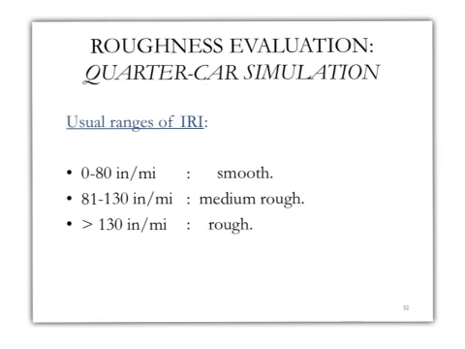These are general guidelines to give you an idea of how smooth or rough the road is. If the measured IRI is somewhere between 0 and 80 inches per mile, this is a good indication that the road is super smooth. If the IRI is between 81 and 130 inches per mile, this is a medium roughness. Once I hit 130 inches per mile, I have to consider that this pavement is really rough.